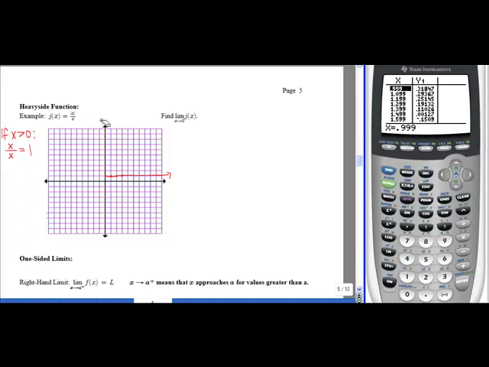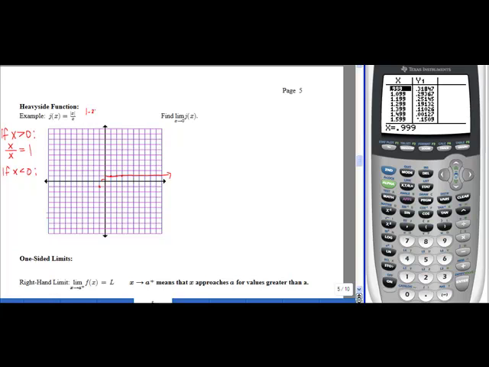Now let's see what we get if x is negative. So what happens if x is less than 0? Well, if I plug in negative 1, the absolute value of negative 1 becomes positive 1, divided by negative 1 becomes negative 1. So when x is negative 1, I got negative 1 back. Now let's plug in negative 2.